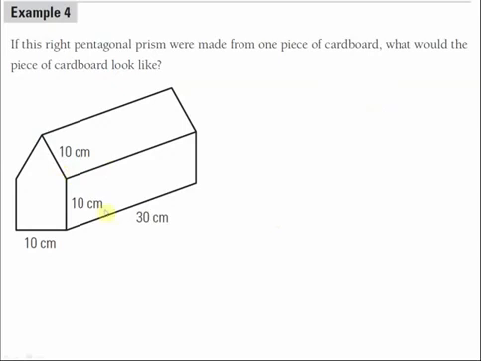Okay, example 4. If this right pentagonal prism, so we have a pentagon here, there's the base, were made from one piece of cardboard, what would the piece of cardboard look like? So now we're practicing getting what's called the net. Nets are extremely useful for when you need to construct 3D out of 2D. I know this is not the best, but it's simply a way to look at how to create this thing.